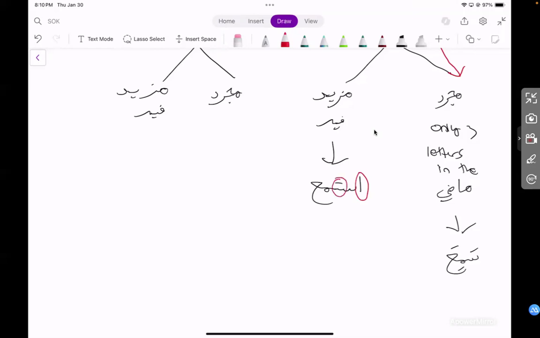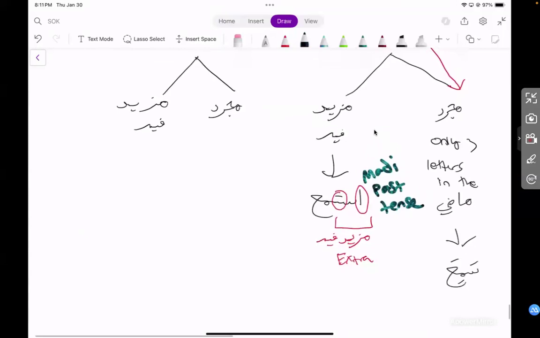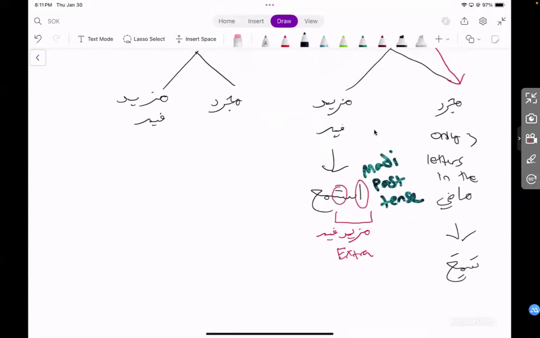We call these two mazid fi letters, mazid like from ziyada, extra letters. This is madi, past tense. This is why it's classified as mazid fi: in the madi of this verb, extra letters are introduced, and there are different patterns, different amounts in both mujarrad and mazid fi.